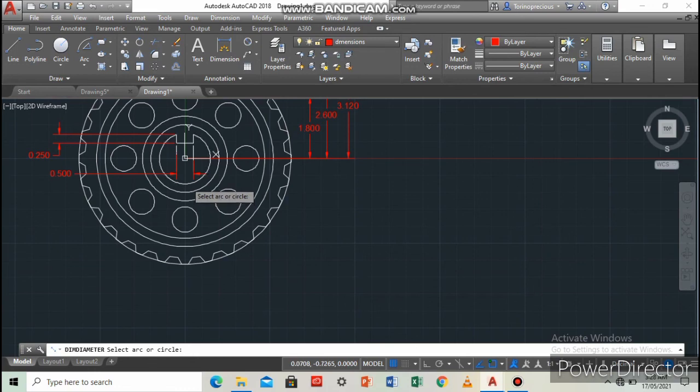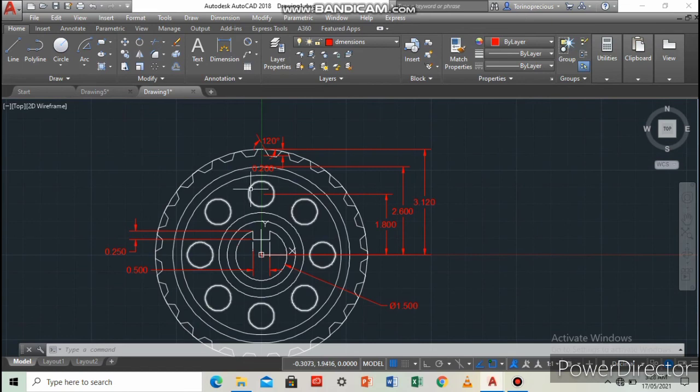So next, this circle must have a diameter of 1.5, and this array of circles must have a radius of 0.375 or a diameter of 0.75.